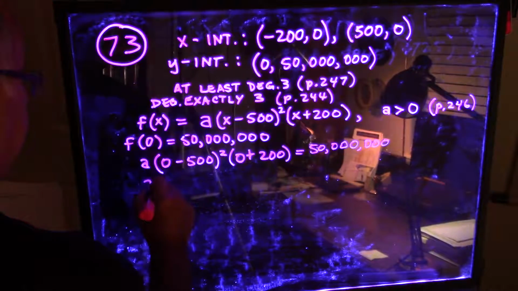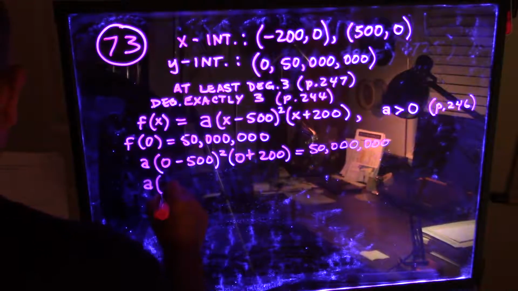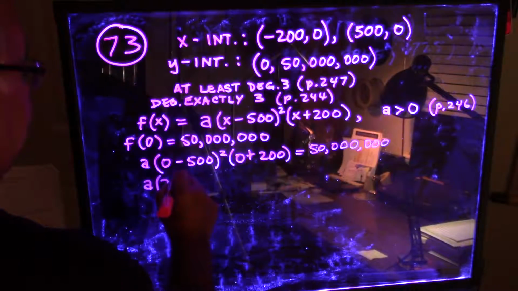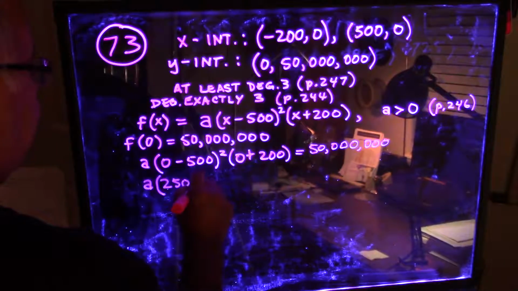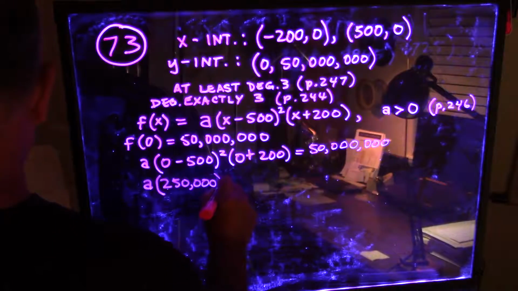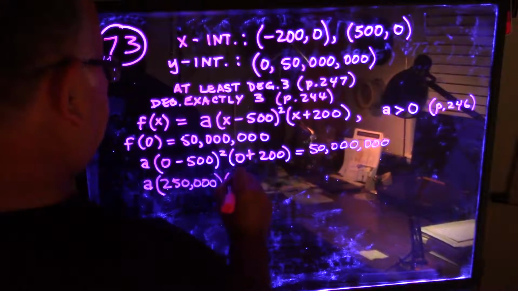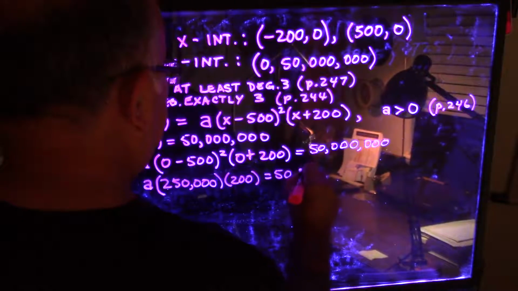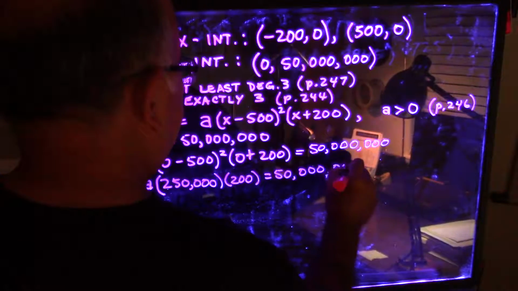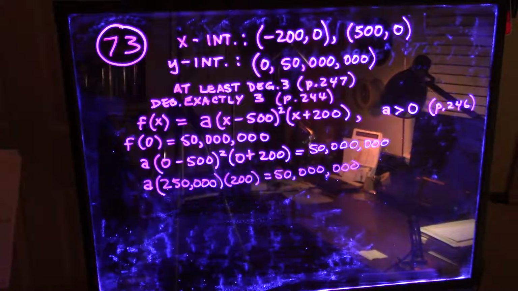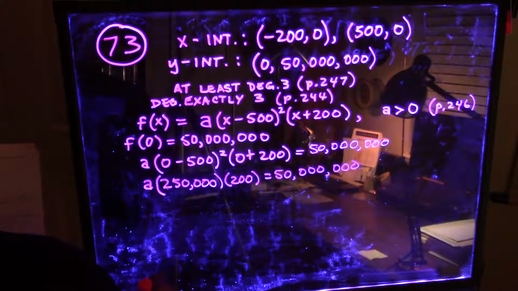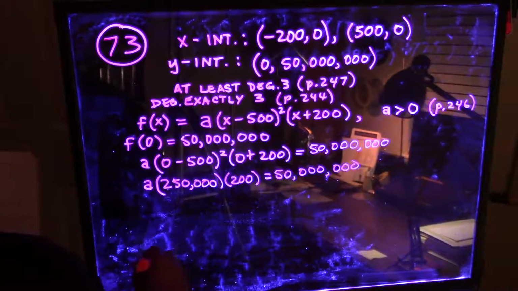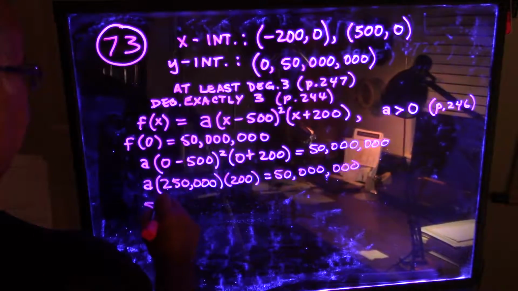And so we have a times 250,000, that's when you square the negative 500 in there, times 200 equals 50 million. When you multiply 200 times 250,000, well, isn't that nice?